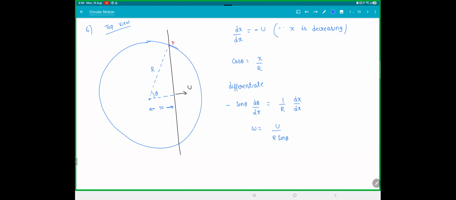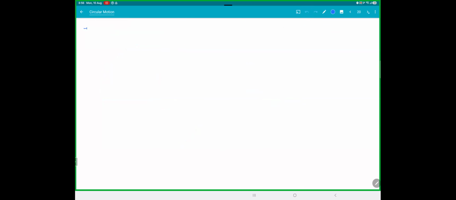The next thing. So we have an equilateral triangle of side A. We have three particles A, B, and C. We have done this in kinematics. A is chasing B with u, B is chasing C with u, and C is chasing A with u. They all are chasing each other. This O is your centroid.